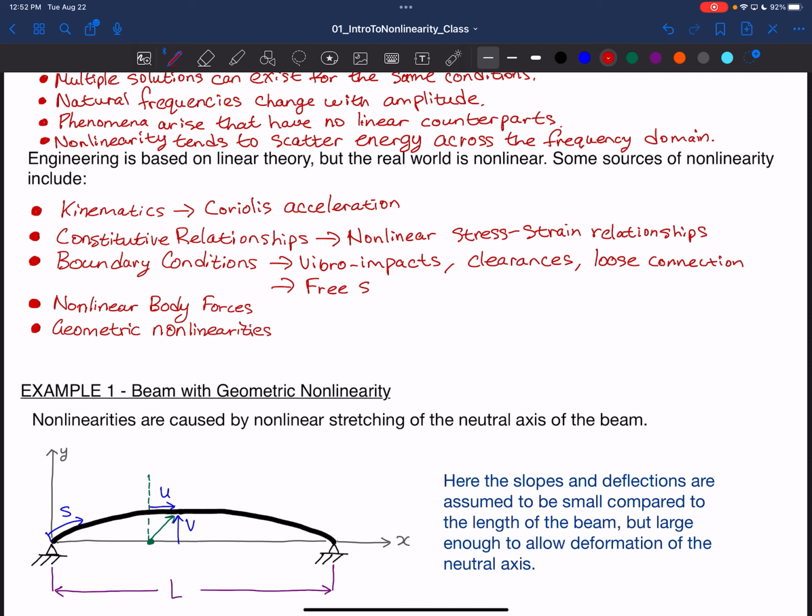Free surfaces in fluids can introduce nonlinearities as well. Things like nonlinear body forces tend to arise in electric and magnetic systems.